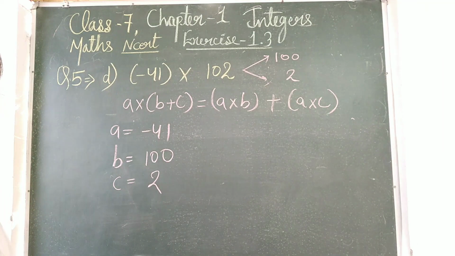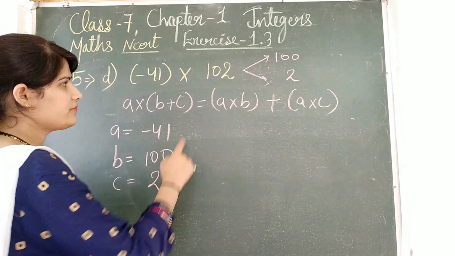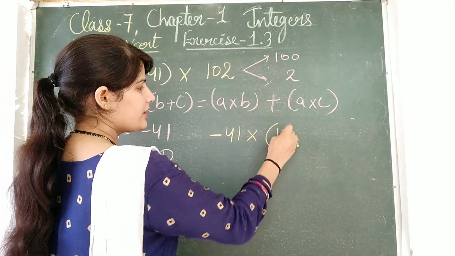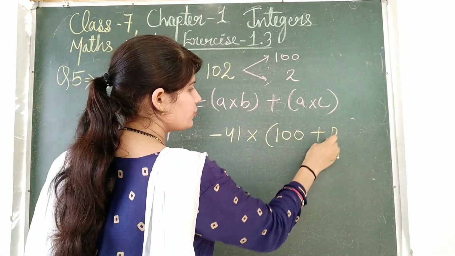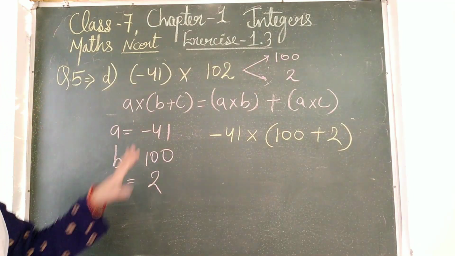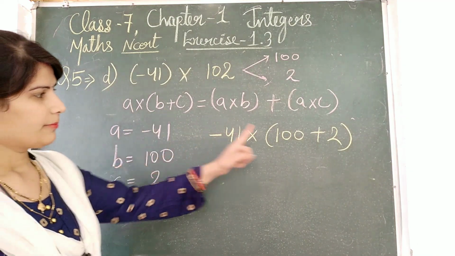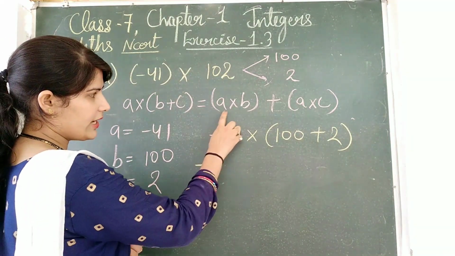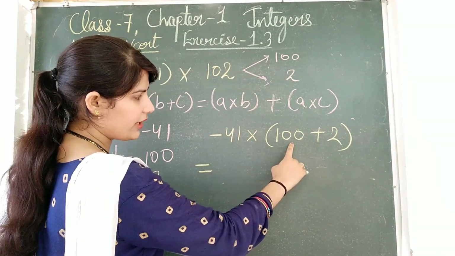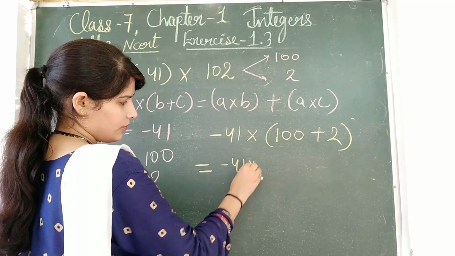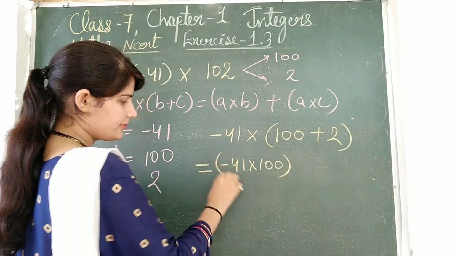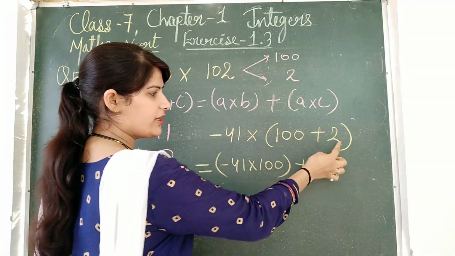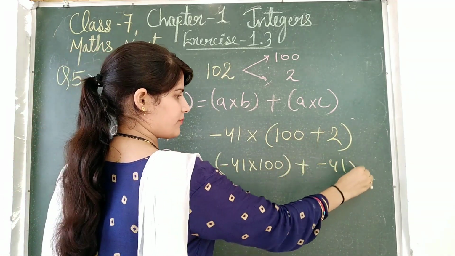Now how can I solve this? This is a very simple question. When you bring minus 41 multiplied by 100 plus 2, it is in the form of A into B plus C. Now what next? Equal to A into B, that means 41 into 100, and again plus sign, 41 into 2.